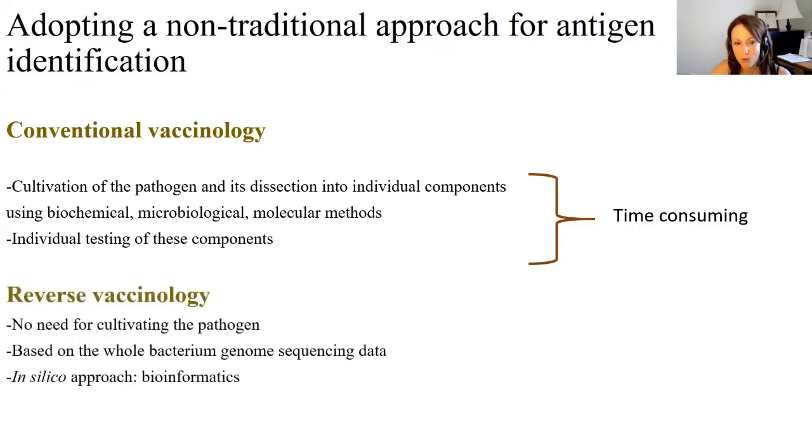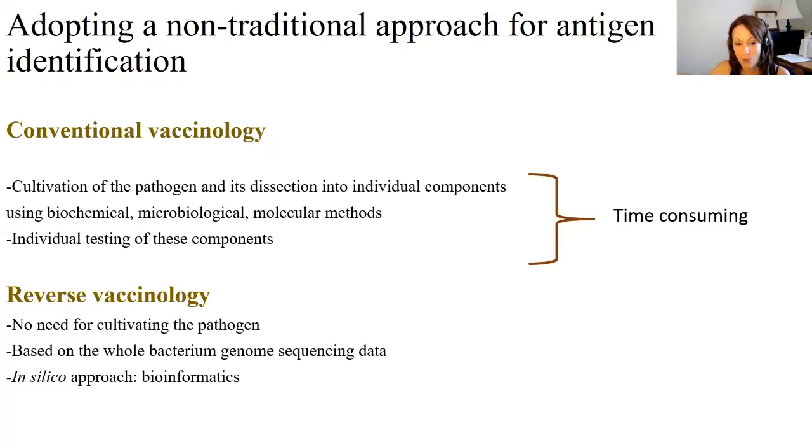A new approach that was described, I would say 20 years ago, is reverse vaccinology. Reverse vaccinology is an innovative approach in the way that it does not necessarily require the cultivation of the pathogen, but can also involve it. I will present what we did over the coming slides.